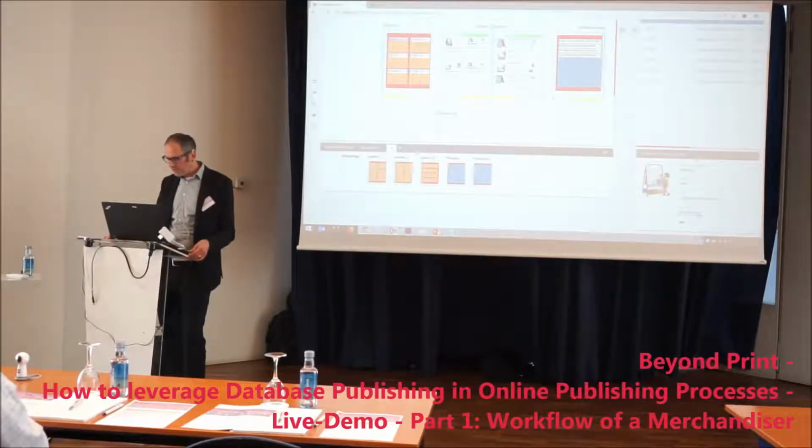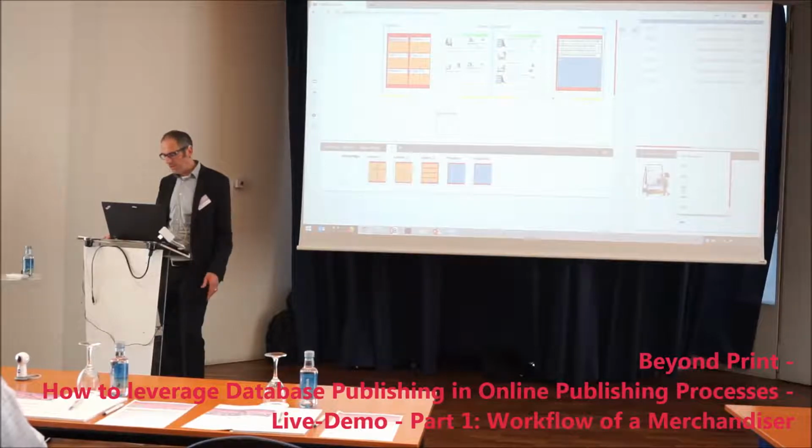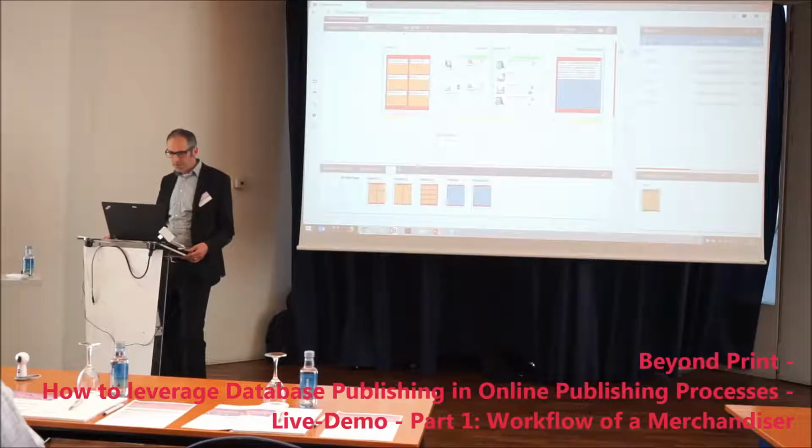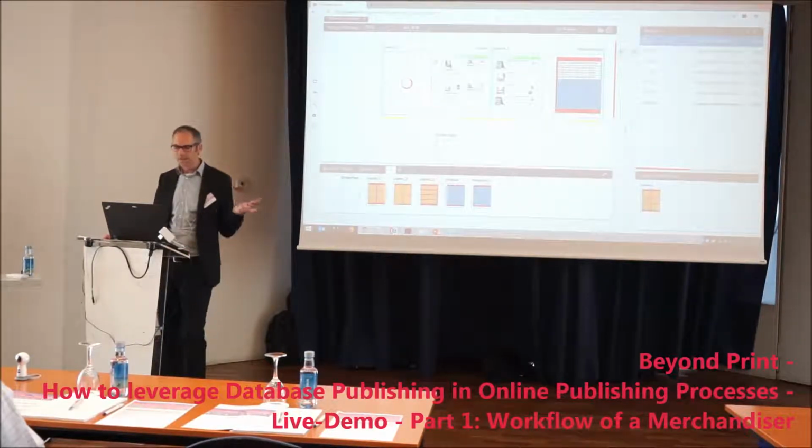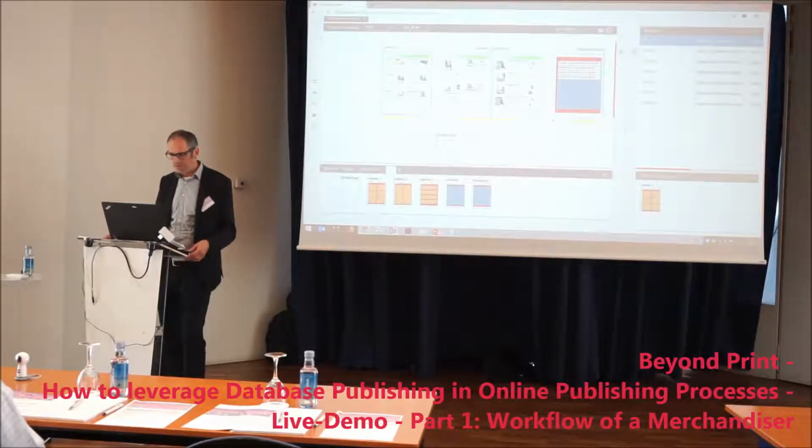Here I can choose that I want a discount for a special product, for example. This one is a top seller, we give a discount of 30%, and then if I generate a preview of the page, you will see there's a discount symbol there.